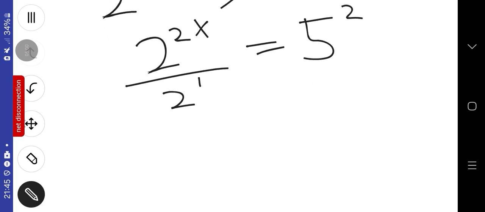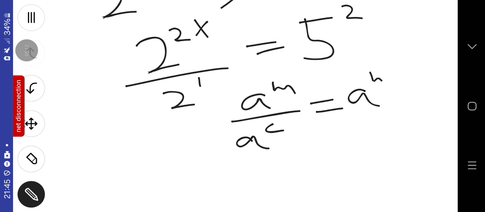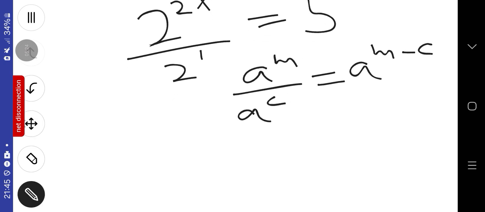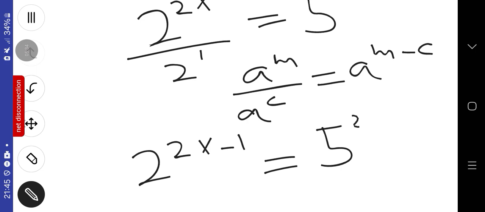If you have a exponent m divided by a exponent c, this will give us a exponent m minus c. This is what we call the quotient rule. Now let's apply it to our equation. So we have 2 exponent 2x minus 1 equals 5 exponent 2.